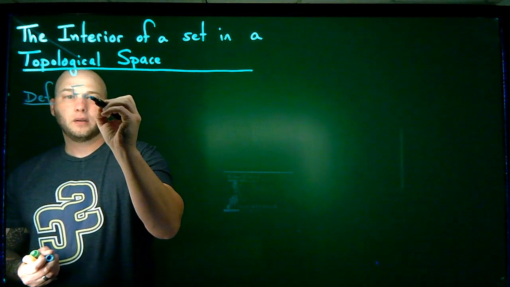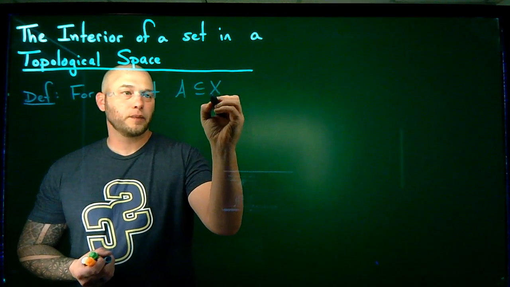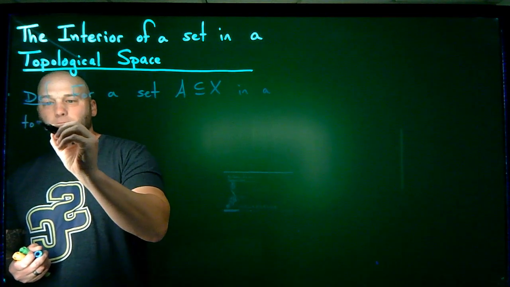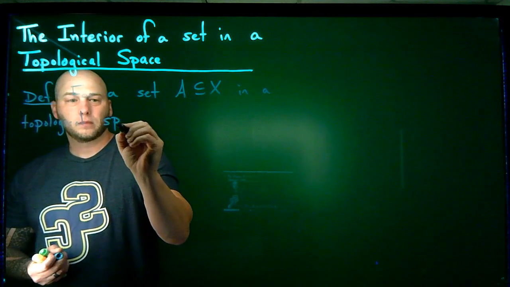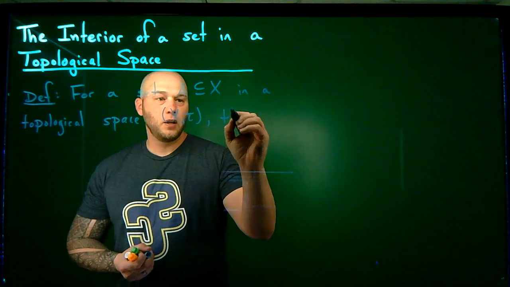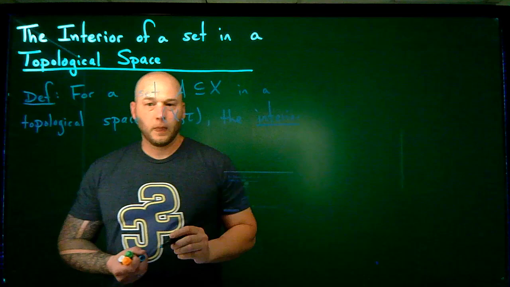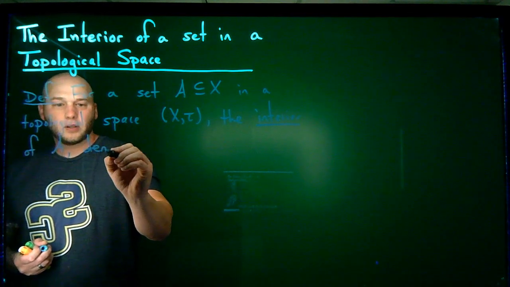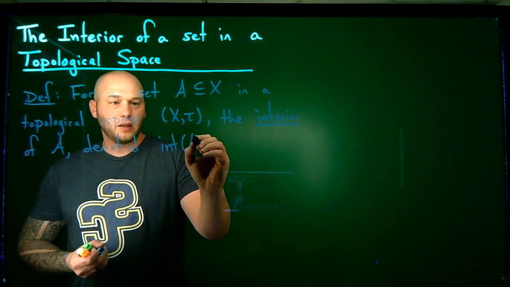For a set A contained in X in a topological space (X, tau), the interior of A, which is denoted int of A, is given by the following.